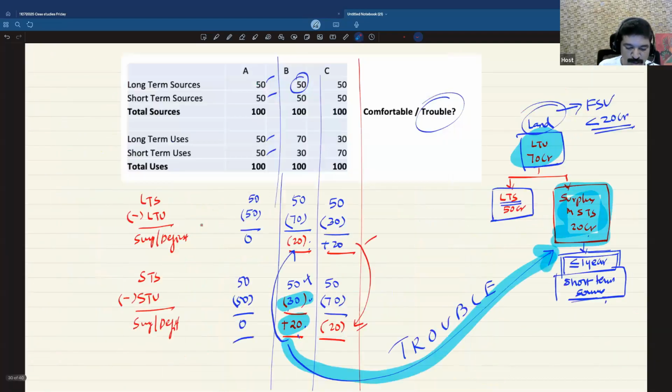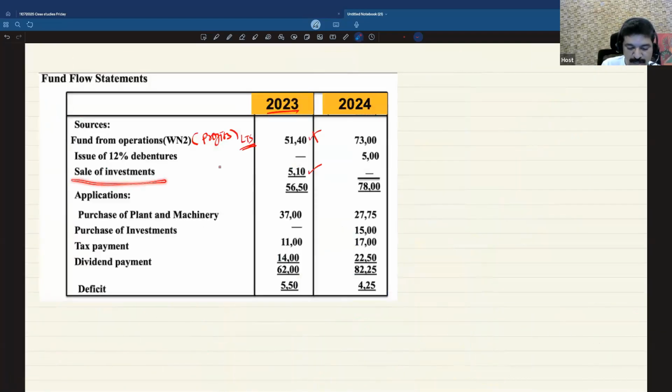So on that logic, we are bringing the sale of investment under long-term source as well. So in 2023, their total long-term source is 5,650. The figures are in thousands or lakhs.